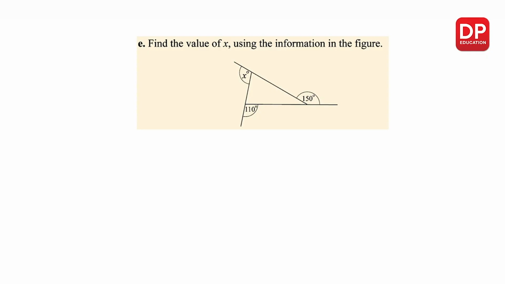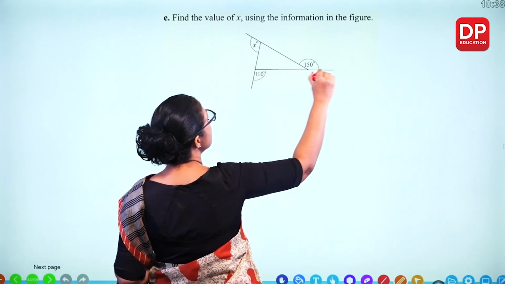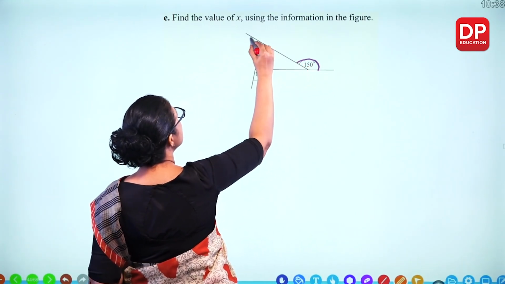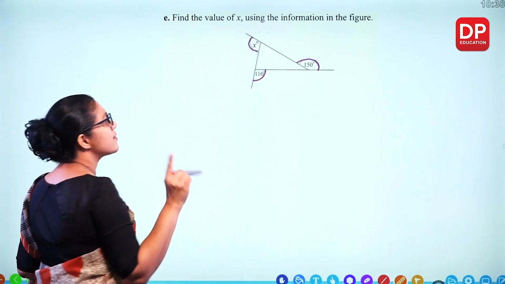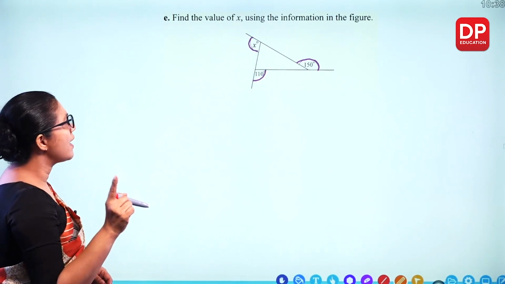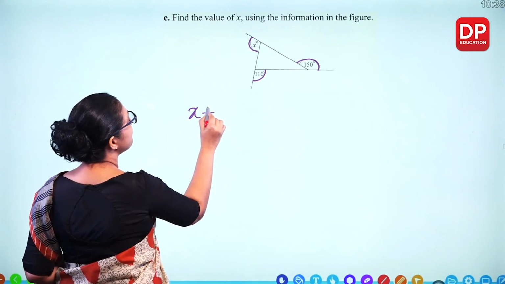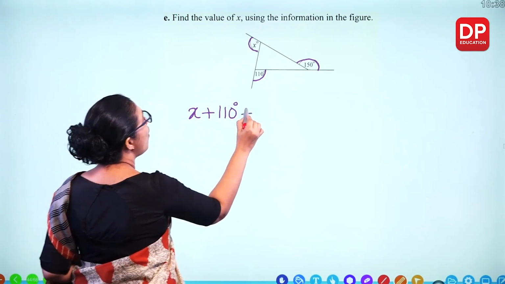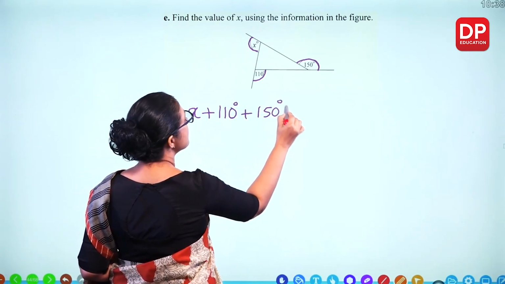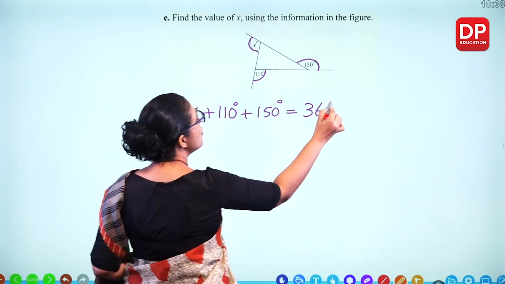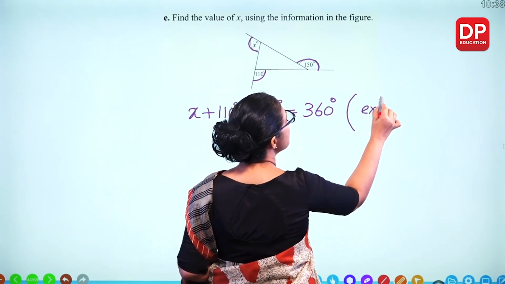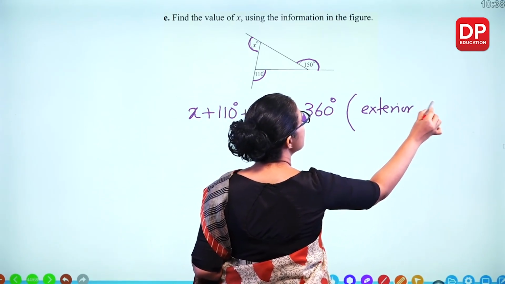Find the value of x using the information in the figure. What are these? When you extend the line, this angle and these are exterior angles of a triangle. So what's the sum? When you add all exterior angles, that's equal to 360 degrees.